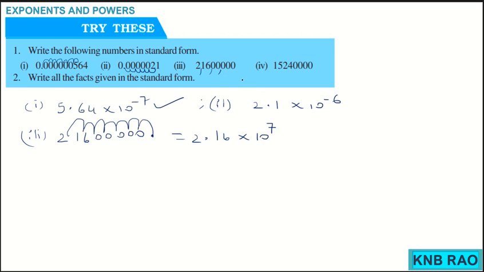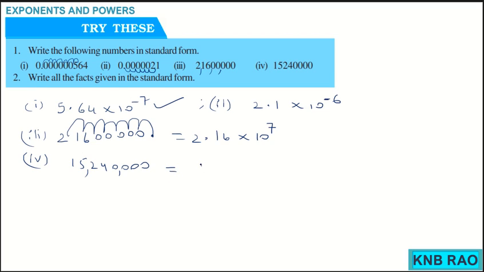Remember, a very large number will have the power of 10 positive, and a very small number will have the power of 10 negative. So coming to question number 4, 1, 5, 2, 4, and 4 zeros. How do you read this? You will read it as 15,240,000.